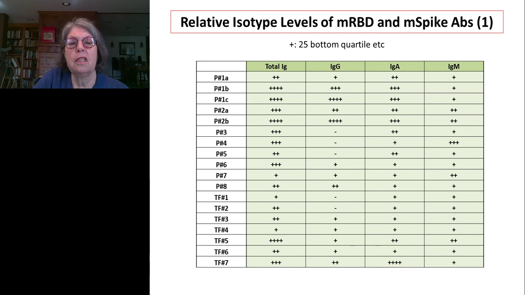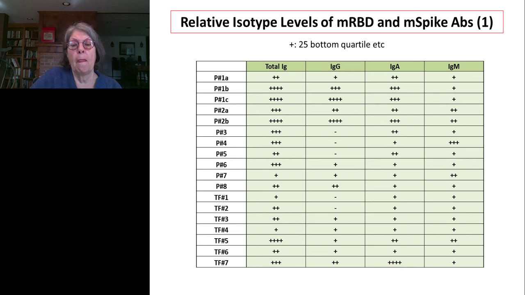So it means that at this point in time, patient number 4 had mainly an IgM response. If you look down on the bottom row at patient number 7, you can see that the majority of the response in this patient is IgA, and there's very little IgM, and there's a medium amount of IgG.